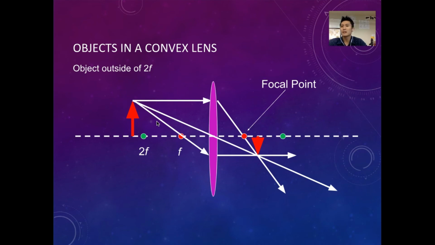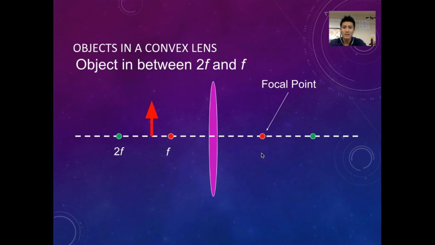Just like we talked about in concave mirrors, convex lenses have a couple of scenarios that happen with these different ray diagrams. Notice here it's a real image, smaller and upside down.